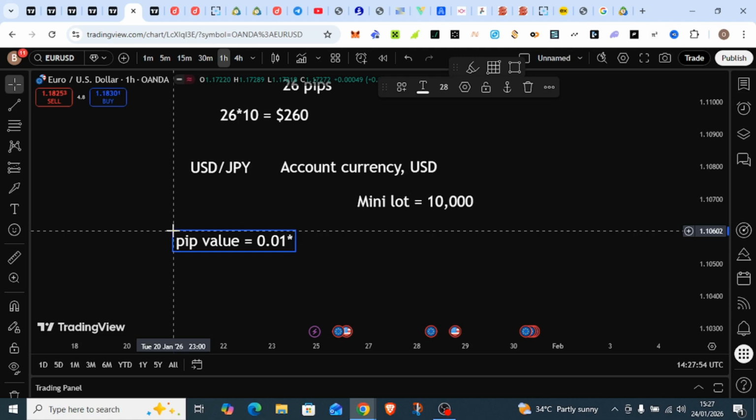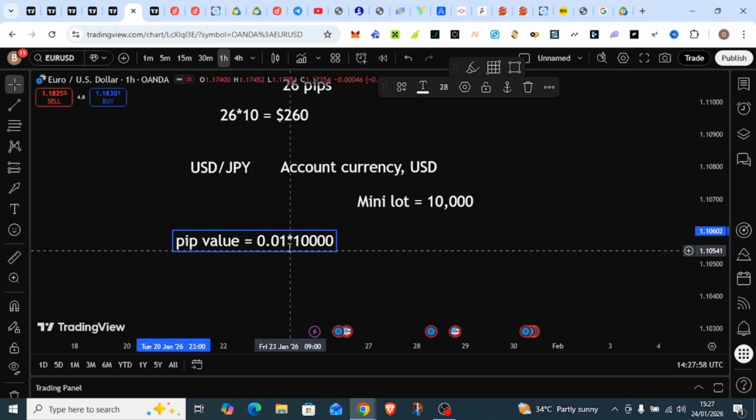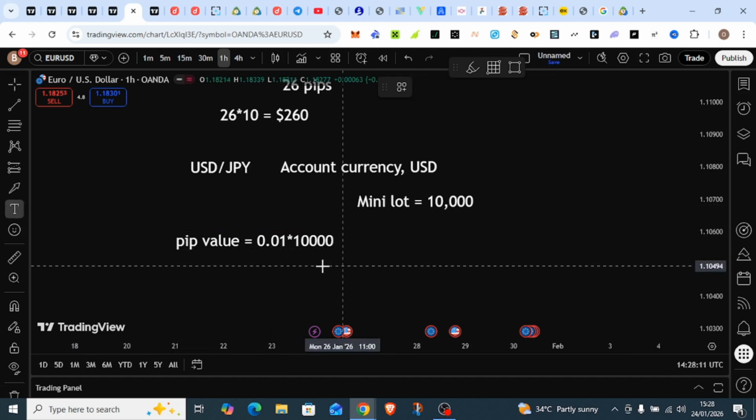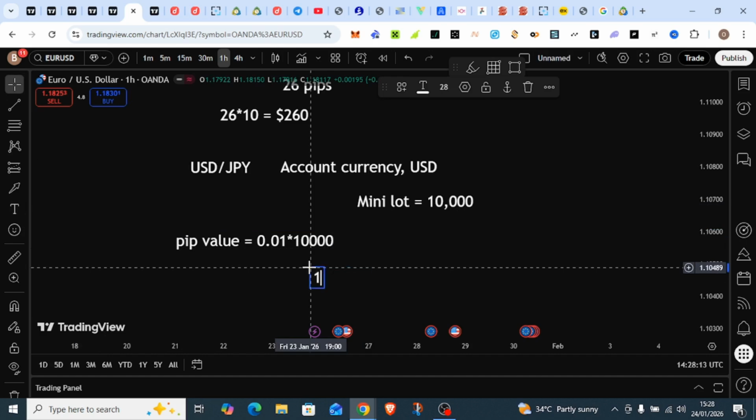What we have here now is 100 JPY, because the quote currency here is JPY.